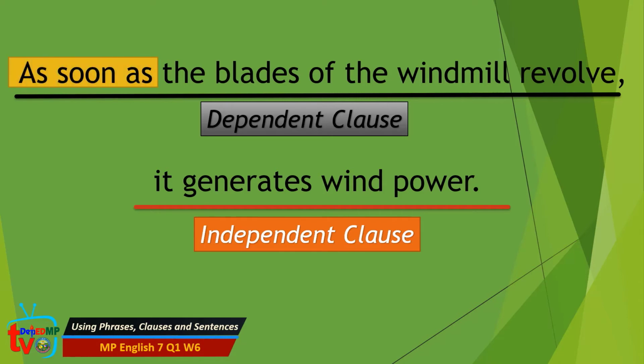It is because of the presence of the words "as soon as," which again is a subordinating conjunction. Note that even without our dependent clause, "it generates wind power," which is an independent clause, can still stand alone as a sentence.